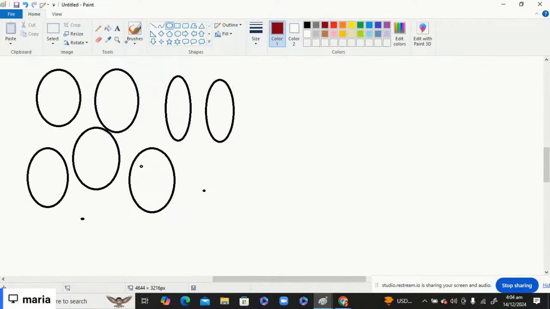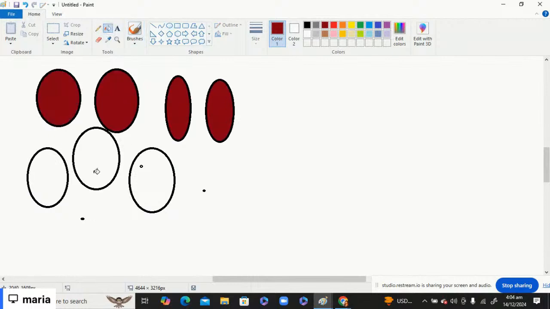so these are basically marbles. These are the red and here are the green.